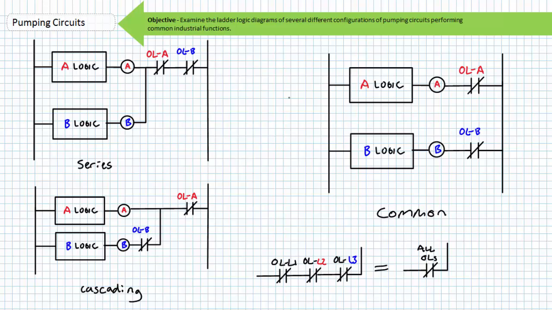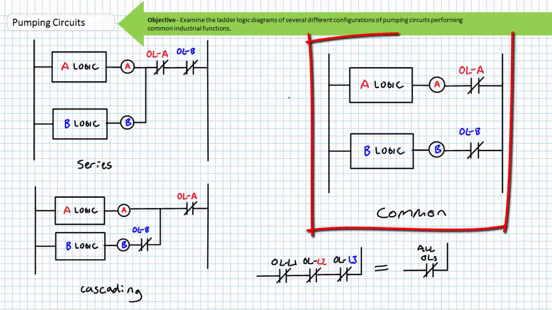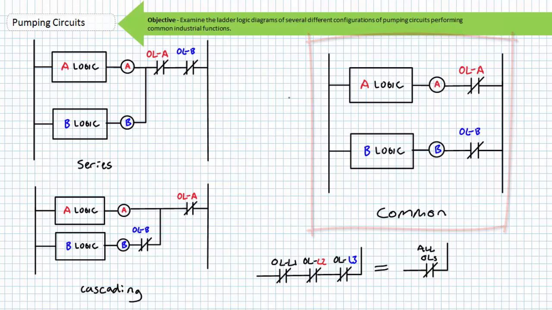This could be used to coordinate the safe operation or shutdown of a system. For example, keeping a fan running if a motor went into overload, however, disabling both motor and fan if the fan went into overload. Finally, our previously discussed configuration of common overloads: an overload in A does not affect system B, and an overload in B does not affect system A.